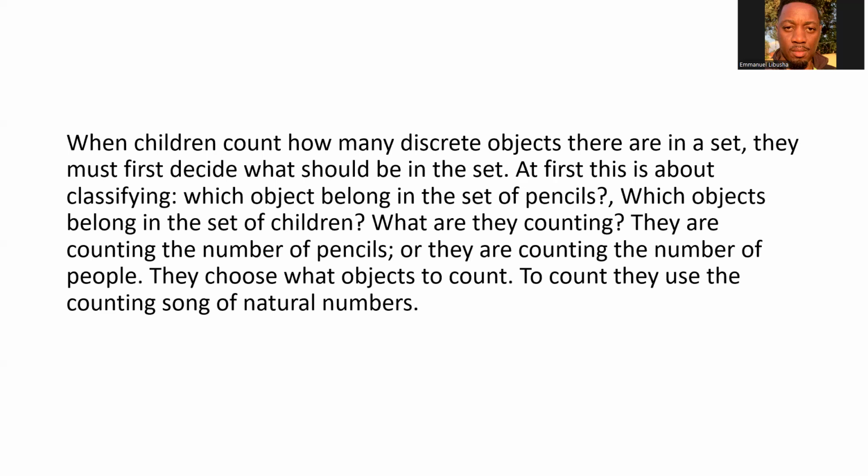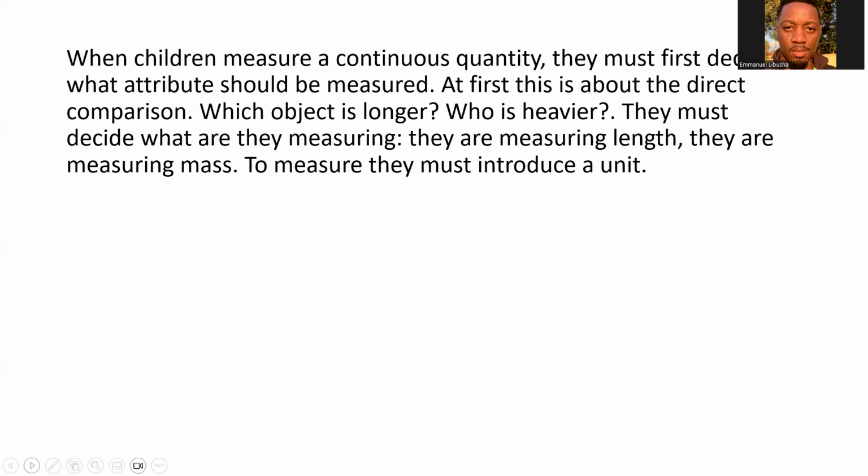Are we counting the number of children, or the number of eyes? What we are counting will determine our cardinality. If I said we're counting the number of heads, or eyes, or fingers, they have all 5 of them. Most of the time it is not that they choose, but the teacher decides what particular item they count.